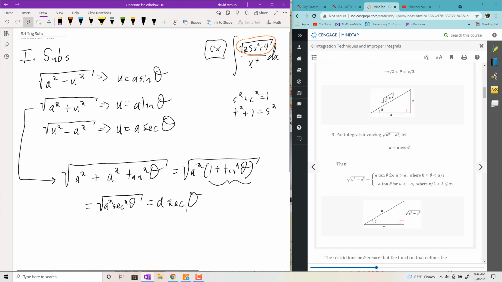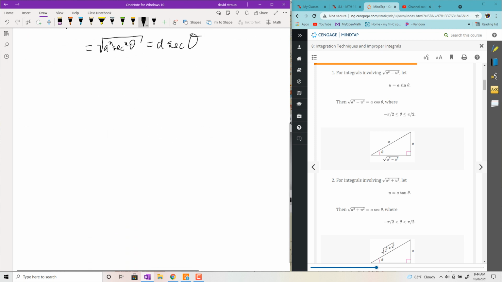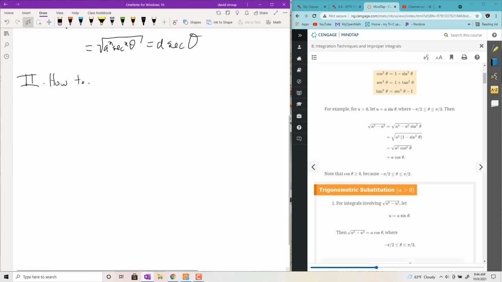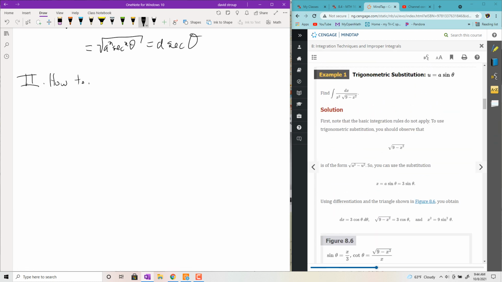Okay. So anyways, let's dive right in here and do some of these. So how to. Let's see if they have any examples for us. In the book, when they do these problems, they generally do all the work outside of the integral, and then they stuff everything in the integral at the end.